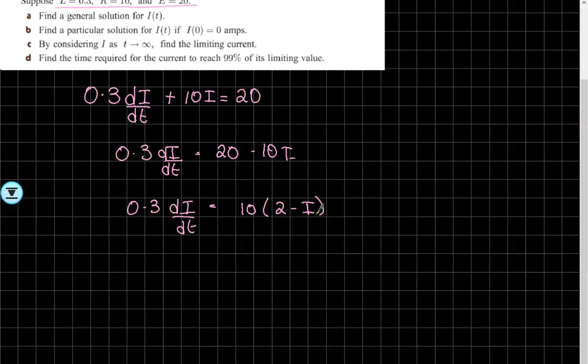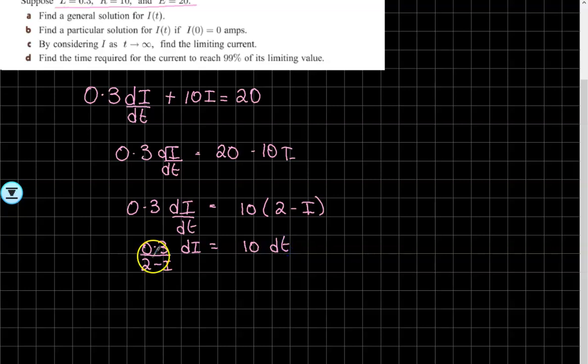And then I can say this is 0.3 over, and again, your call, you can say over 2 take I and leave the 10 there, or put the 0.3 over there as well: dI by 10 dt.